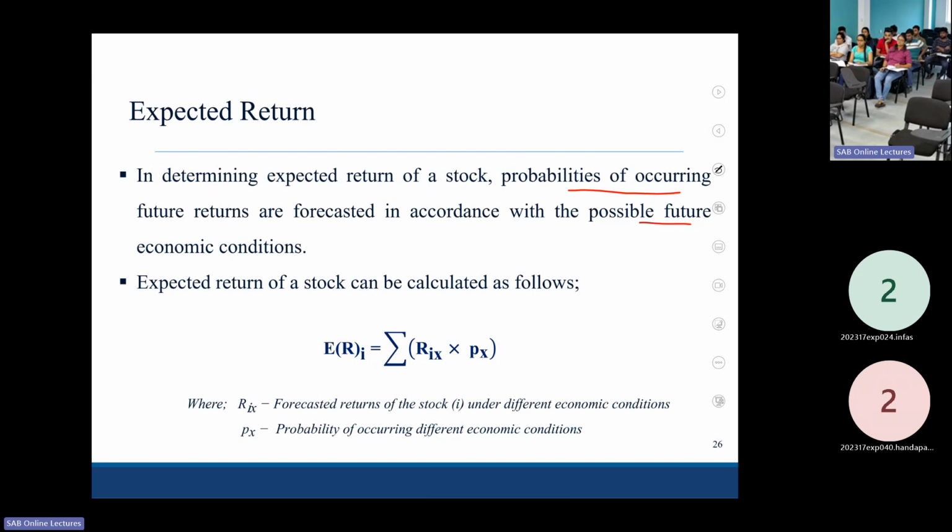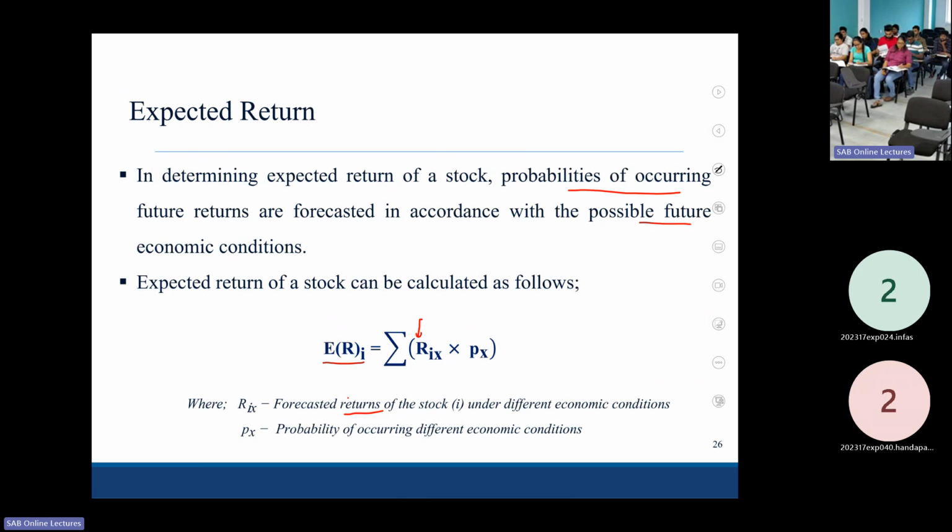After you identify all the possibilities of happening, you can calculate the expected return of stock i. Here Ri is the forecasted return of stock i under economic condition x, under different economic conditions.